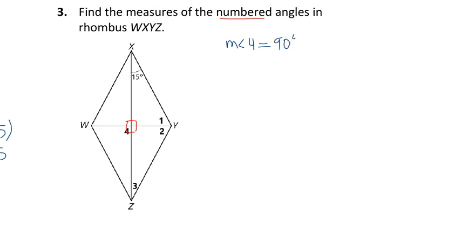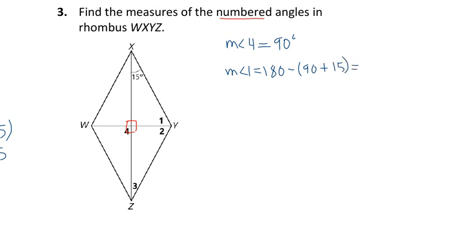And then I can find the measure of angle 1, since I have here a triangle. We have 90 degrees here, 15 here. We just need to find the measure of angle 1. So the measure of angle 1 is equal to 180, because all the three angles in a triangle add to 180, minus the 90 degrees and the 15 degrees that we have on the top.